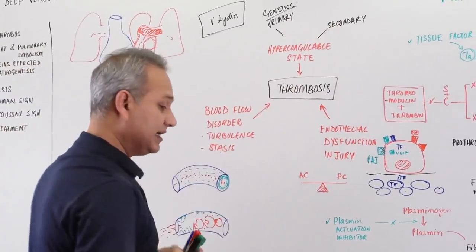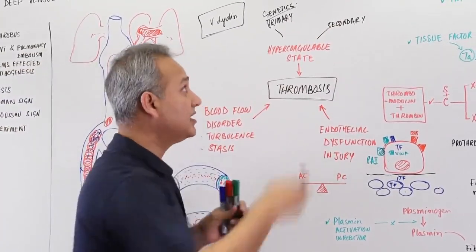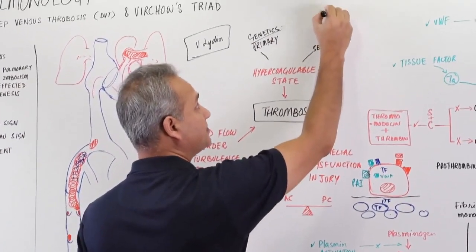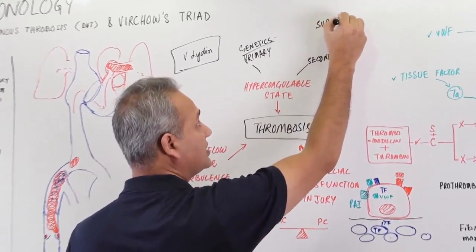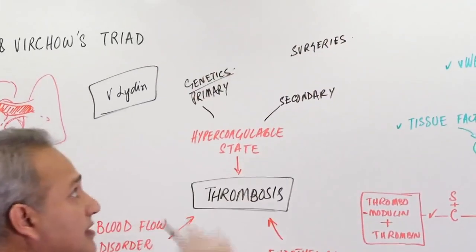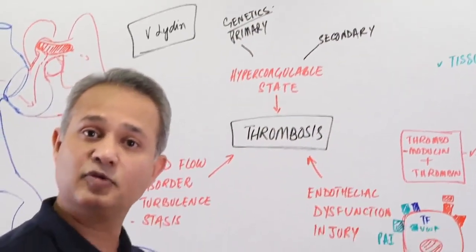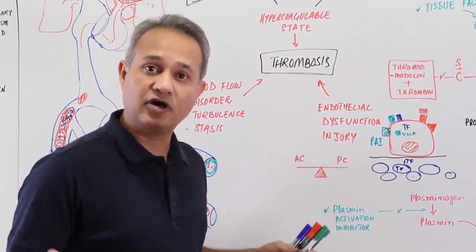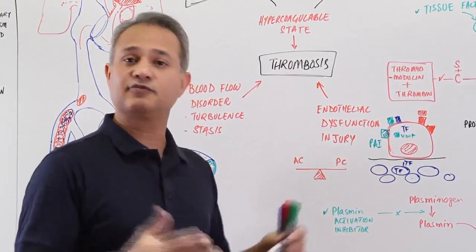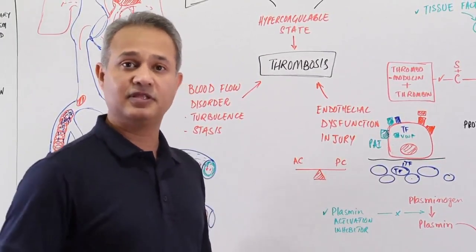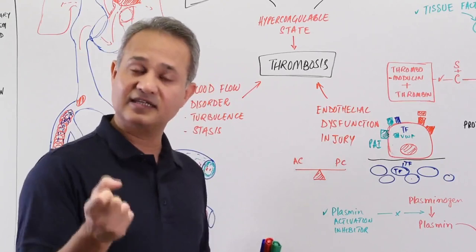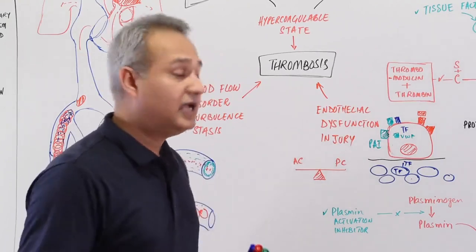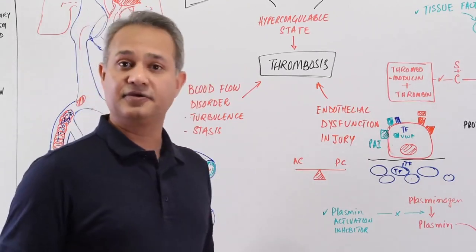Then the secondary side, this is really important. Here, surgeries. A patient comes in for knee replacement surgery. The leg is immobilized for a long time. That would cause it. Hip surgery, that would cause it. Prolonged immobilization for other reasons. Aged people, their muscle strength is less, plus they're bedridden more. Then pregnancy.